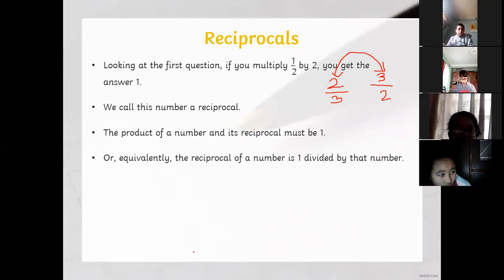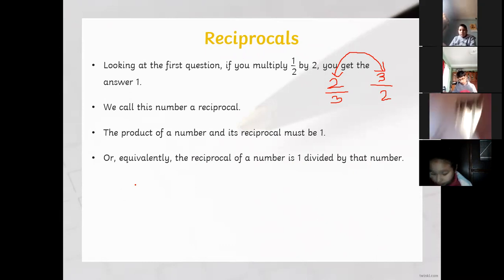All right. And next, equivalently, the reciprocal of a number is 1 divided by that number. Did you get it? What is that sentence telling here?